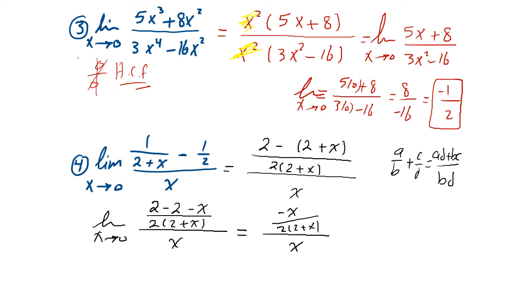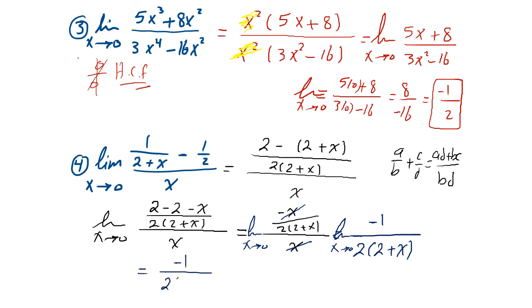By simplifying x with x, it's negative 1 over 2 times (2 plus x), limit as x tends to 0. So I will plug in x with 0, so 2 plus 0, and it's going to be negative 1 over 4.